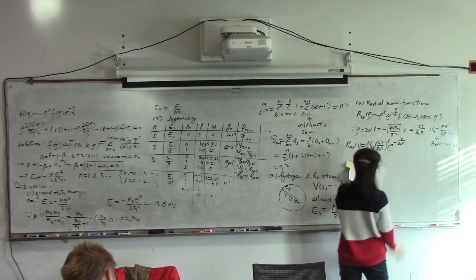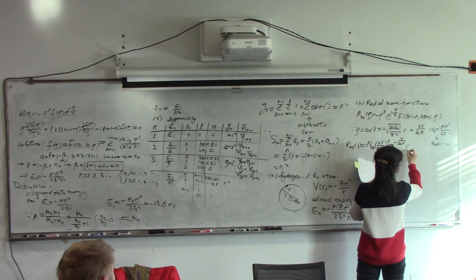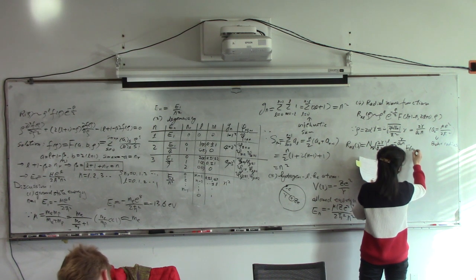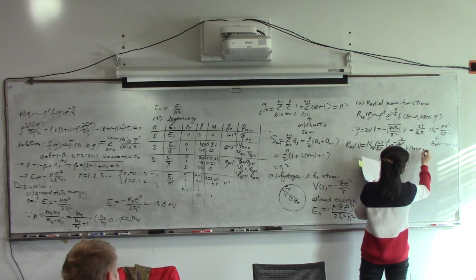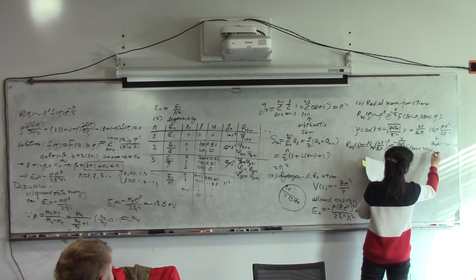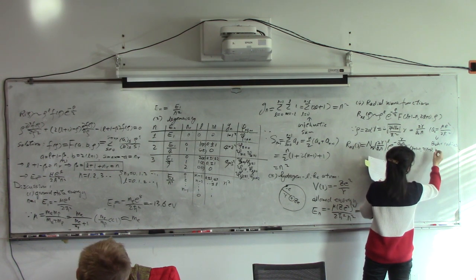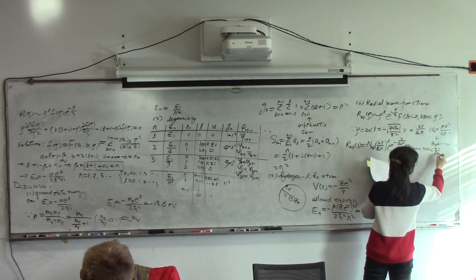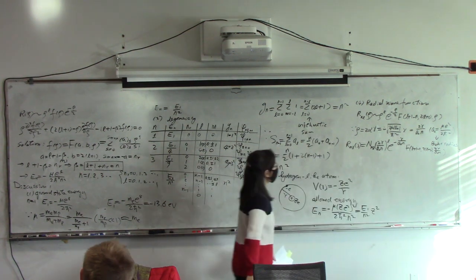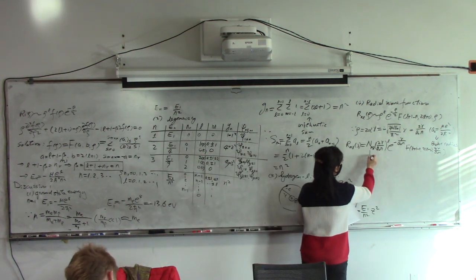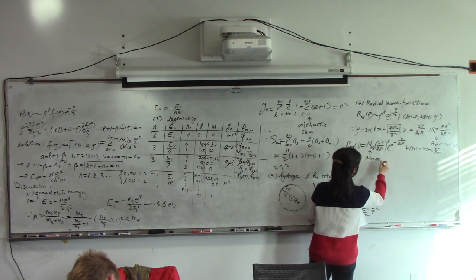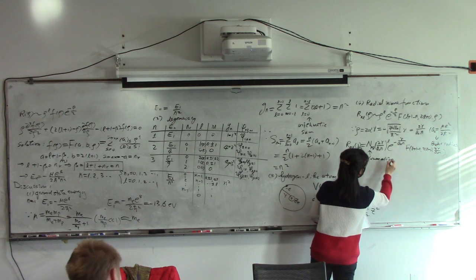So minus r over a naught n, right? And F, with L plus 1 minus n, 2L plus 1, and now rho is replaced by 2r over a naught n. This is the radial function, and here is the normalization factor.